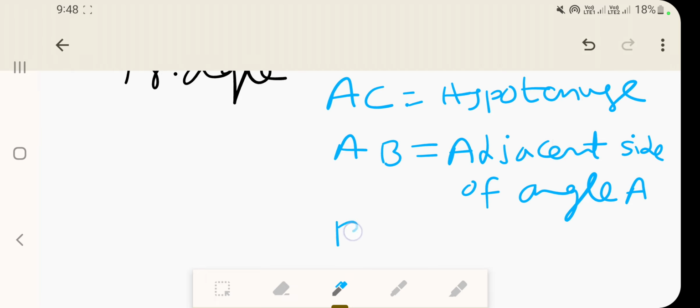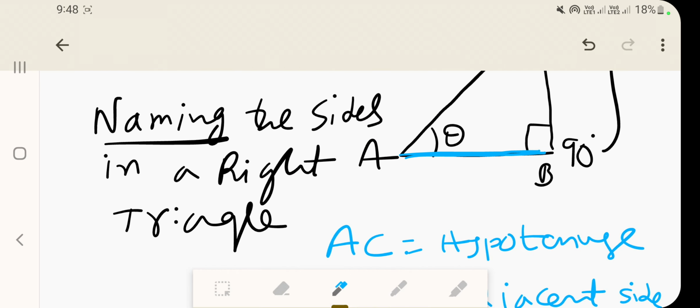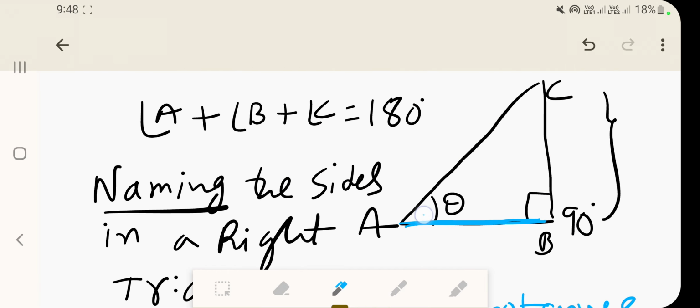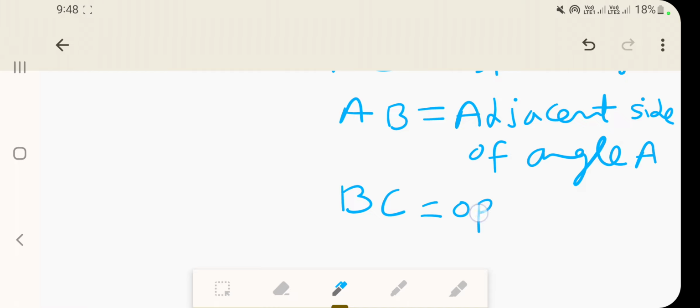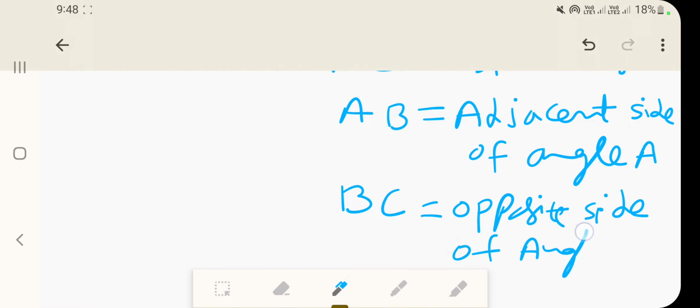And we have another side, BC, which is the opposite side of the angle A. BC is the opposite side of angle A. Right. So these are the three sides we have in a right triangle.